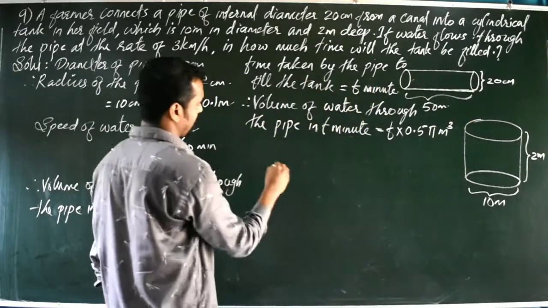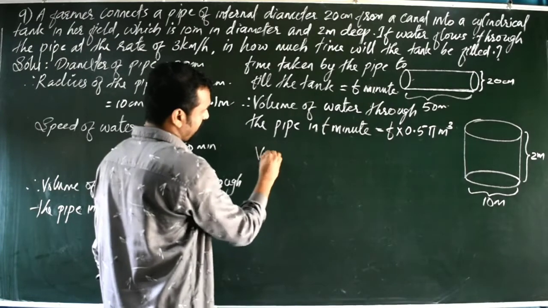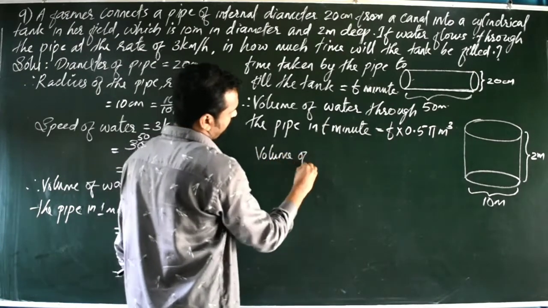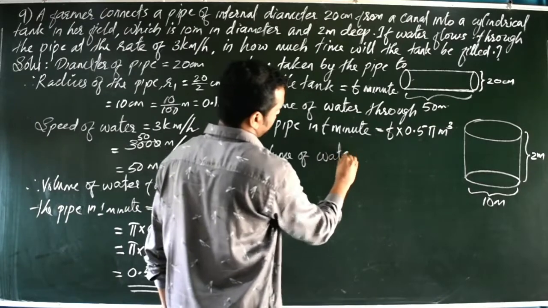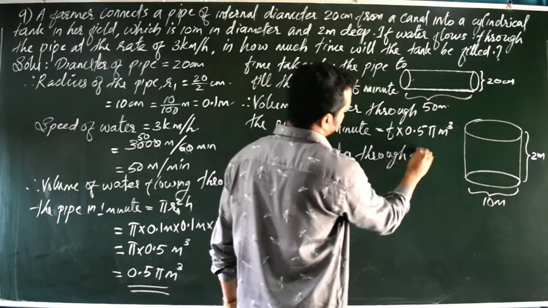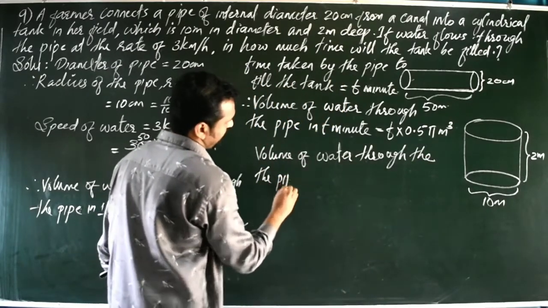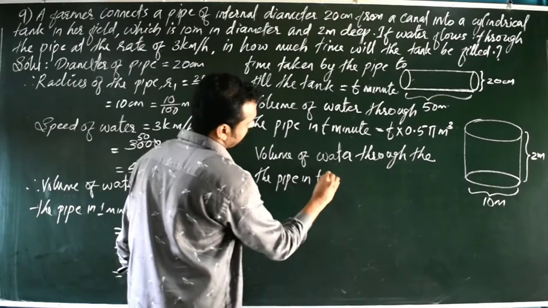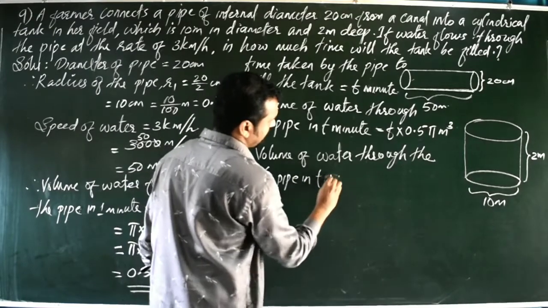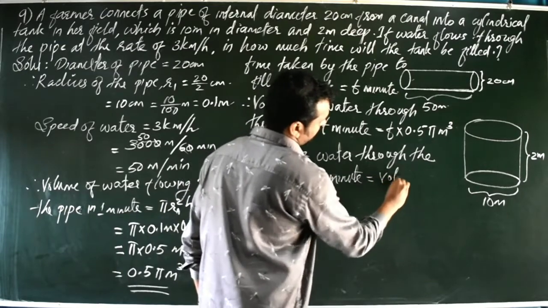So the volume of water flowing through the pipe in t minutes is equal to the volume of the tank.